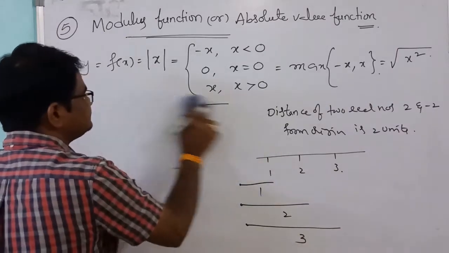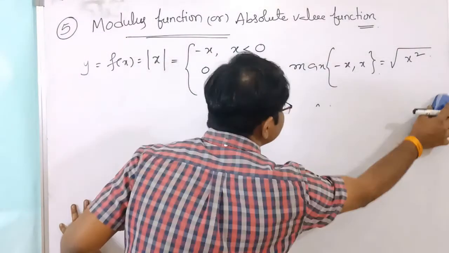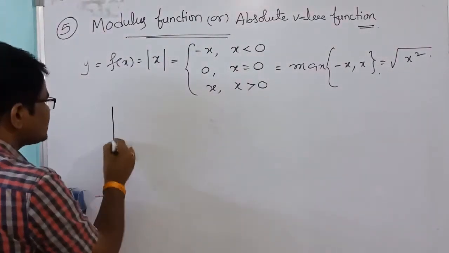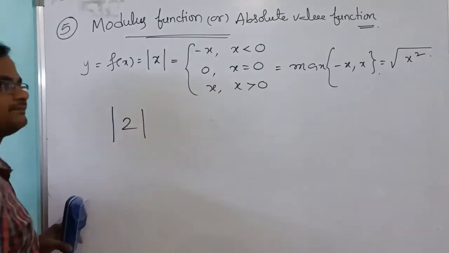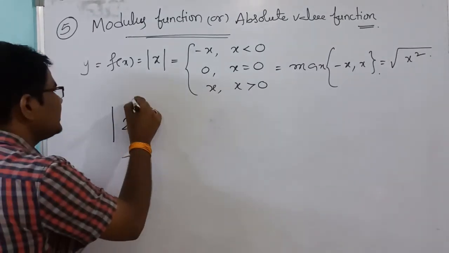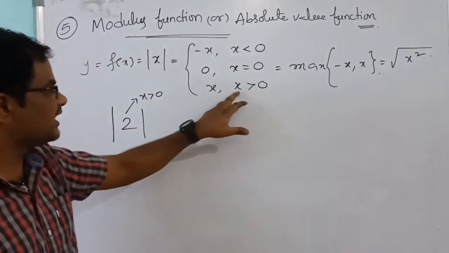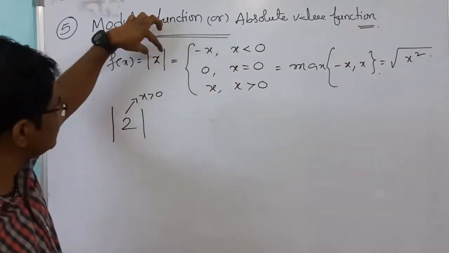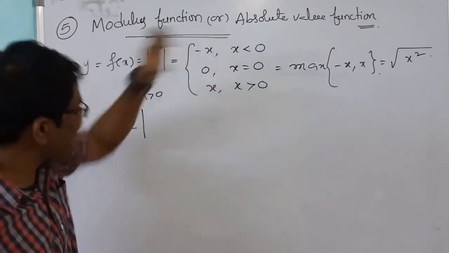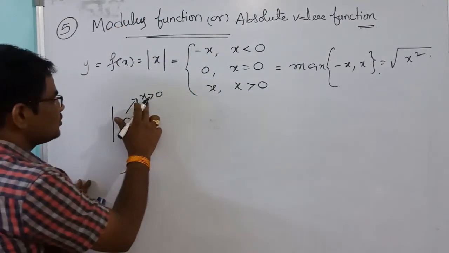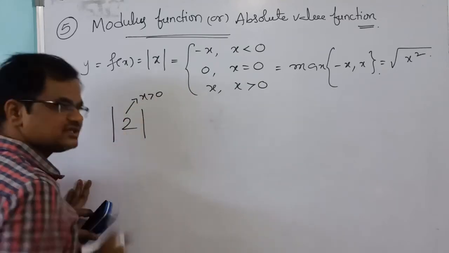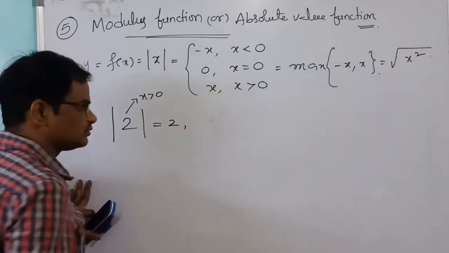Means if you take the modulus of 2, here 2 is greater than 0, from this one you identify. Whenever x is greater than 0, mod x is what? x only. Means 2 greater than 0, that is equal to 2.